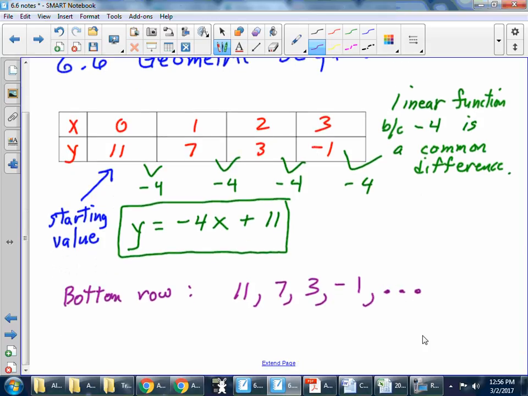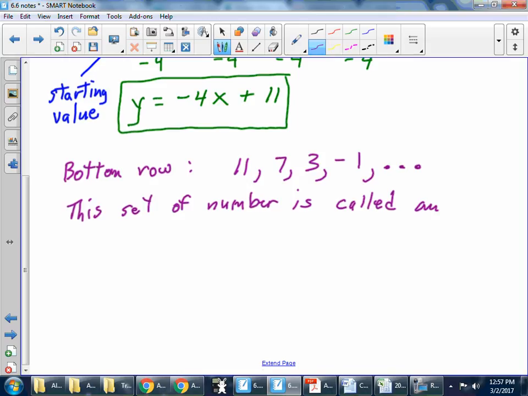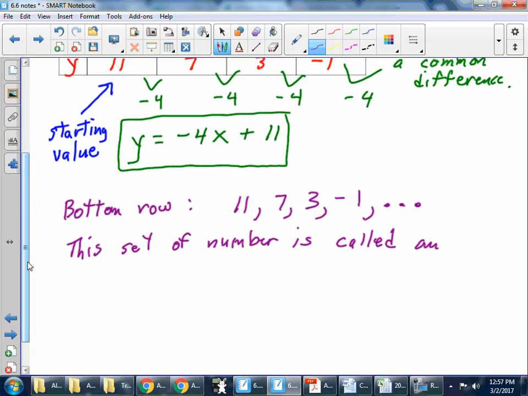Okay, I'm going to say this set of numbers is called, here comes a new term, an arithmetic sequence.